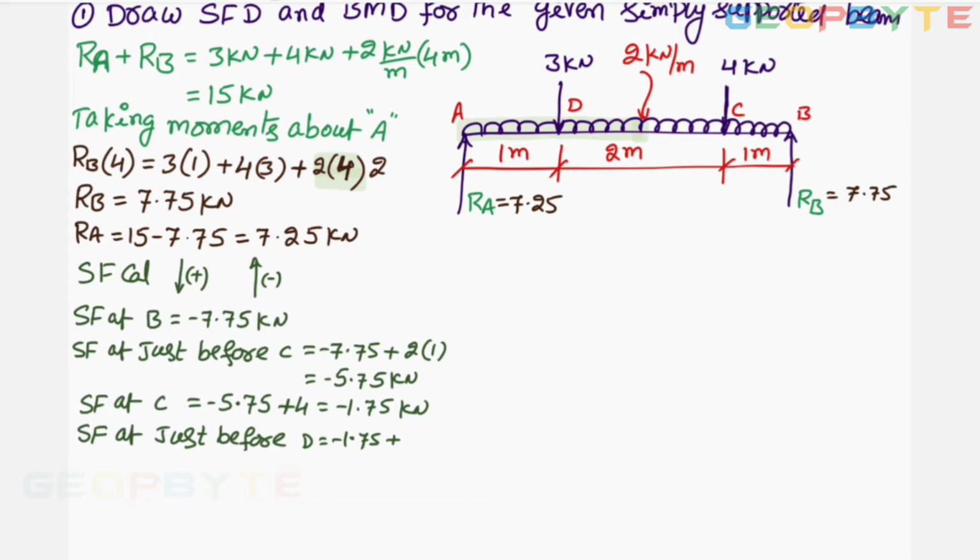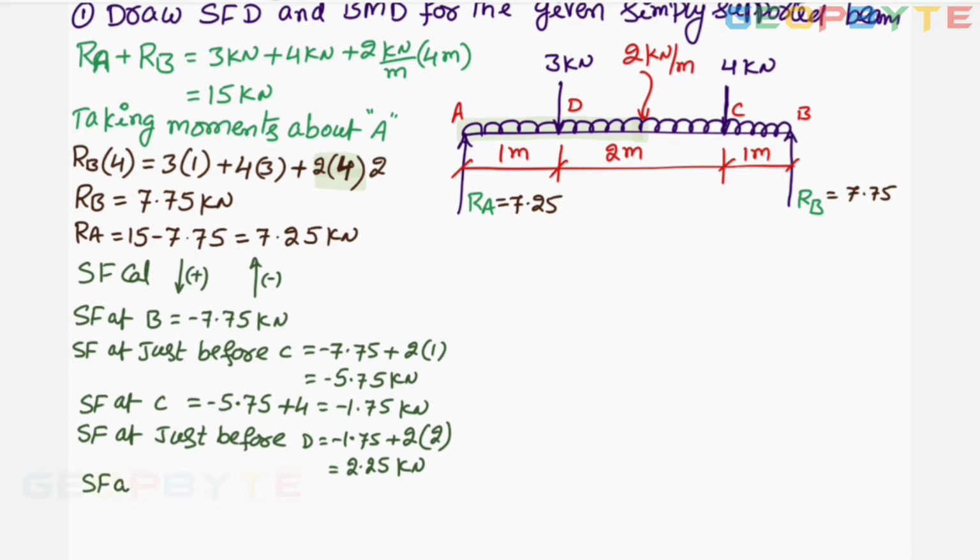Between C and D, the load is 2 kilonewton per meter, and the distance is 2 meter. So, UDL multiplied by UDL distance between D and C gives the shear force between D and C. It is 4. I can say it is plus, it is not minus, it is plus 2.25 kilonewton. I hope all of you understood.